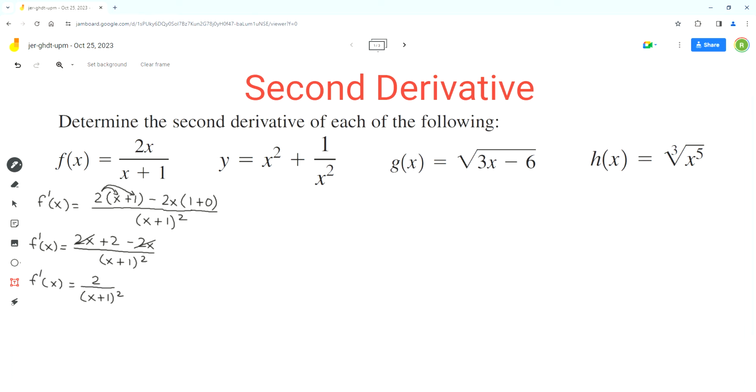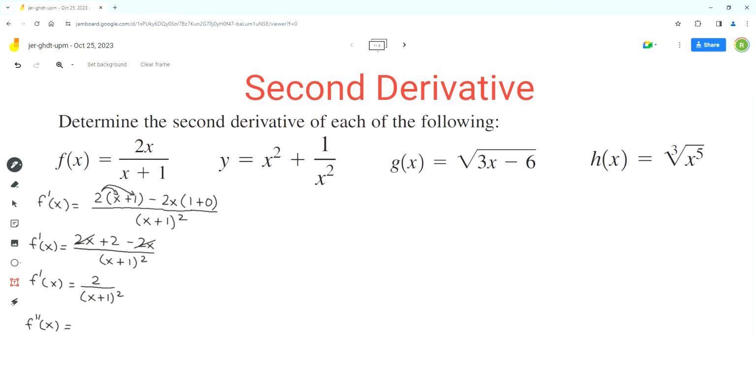Now we have to find the derivative of this first derivative to get the second derivative. So we'll write that as f double prime of x. Now since the first derivative that we got is a rational function, we should use the quotient rule again to find the second derivative.